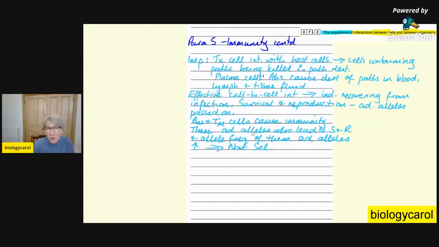This again increases the chances of the organism's survival and ability to reproduce, being able to pass on those advantageous alleles and the allele frequency of them increasing, giving rise to, and I should have put here, evolution by natural selection. That is what I would have written.